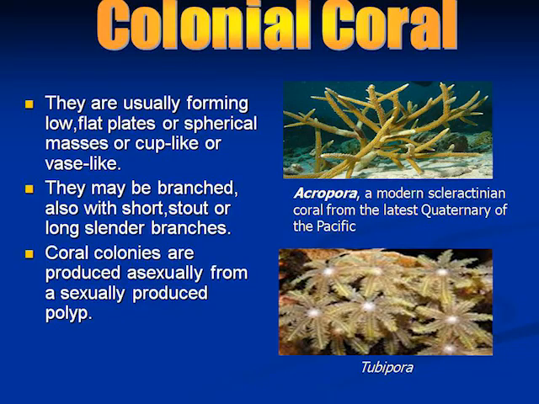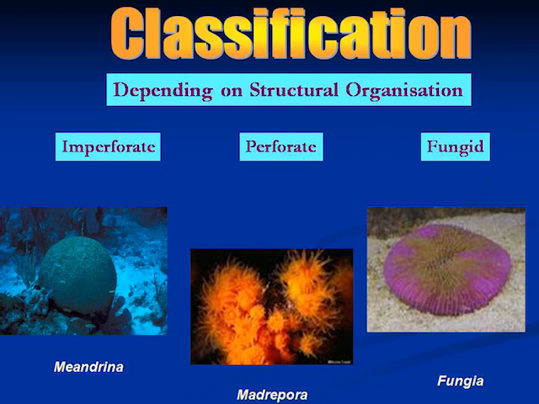Very common examples that I can show you in the picture are Acropora and Tubipora. Now, depending on the structural organization, these corals can be divided into three main types: imperforate, perforate, and fungid.